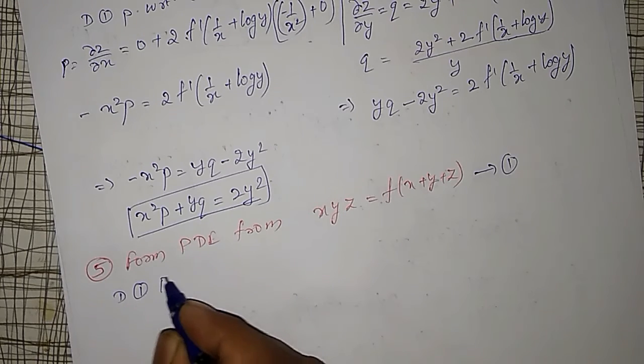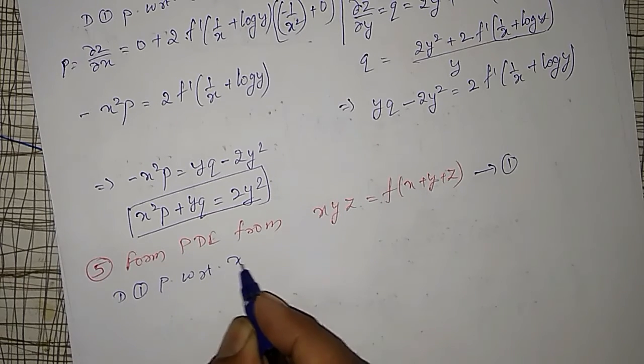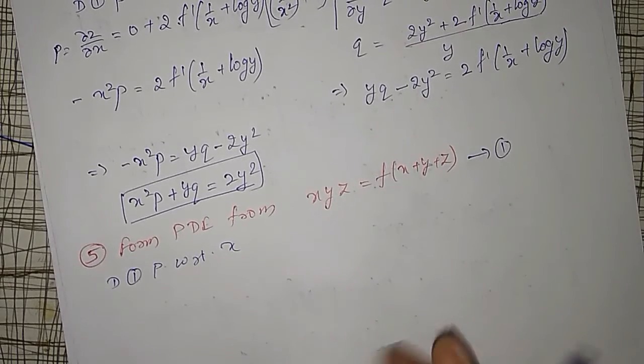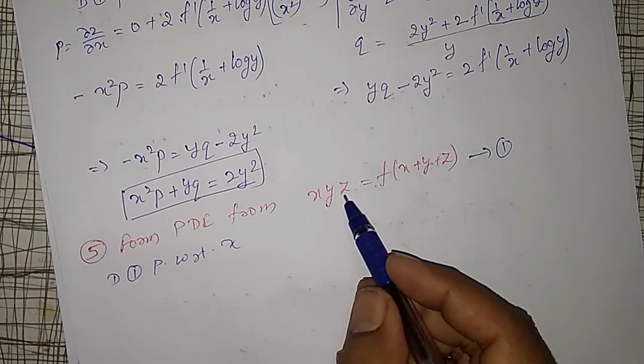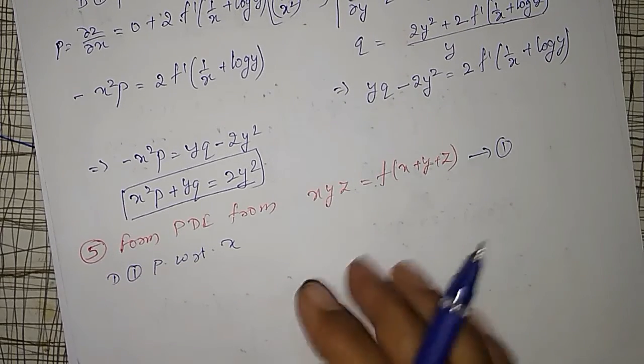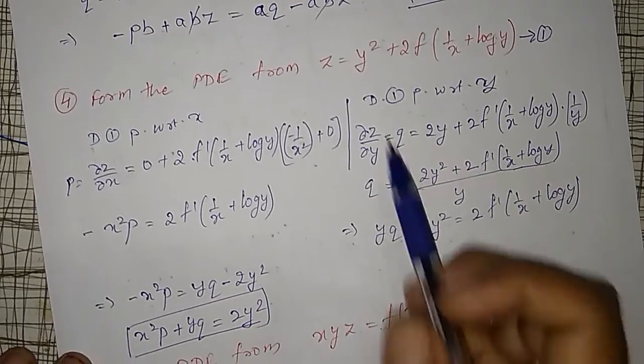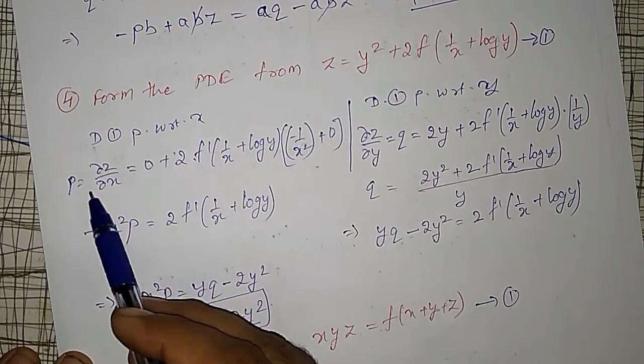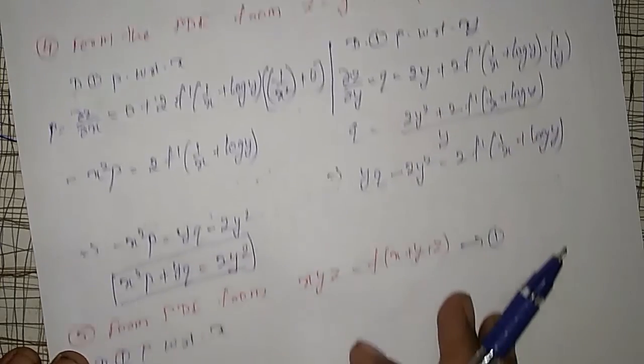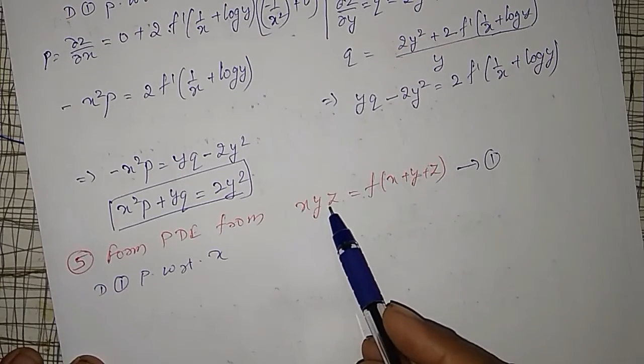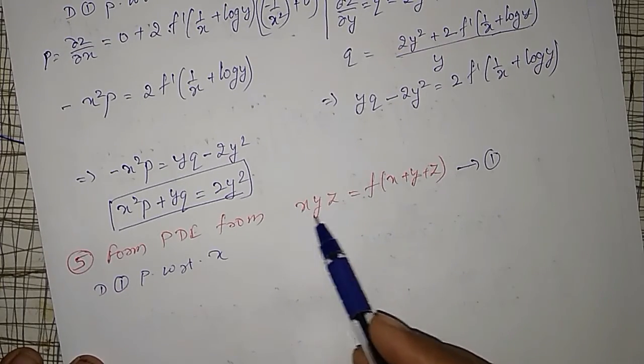Differentiating 1 partially with respect to x, z is a function. In the previous example we directly wrote dou z by dou x, but in this particular example x y z is there. You have to apply the product rule by keeping y constant.